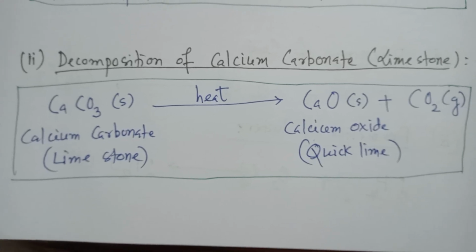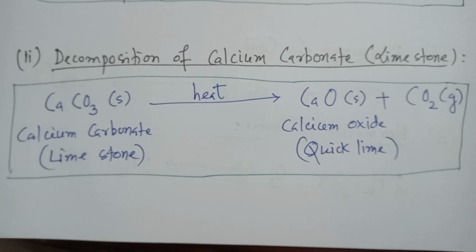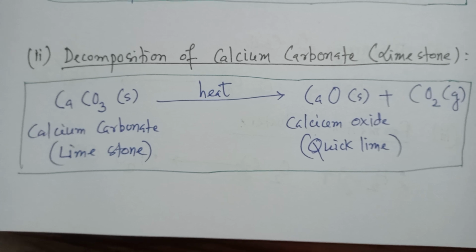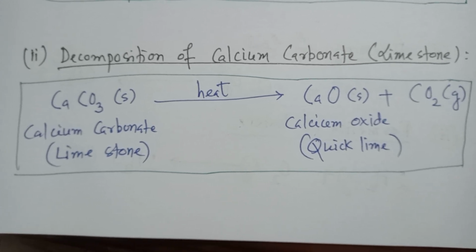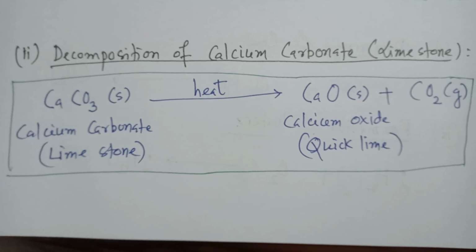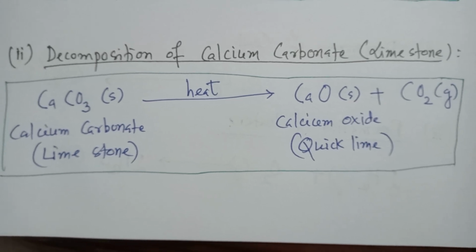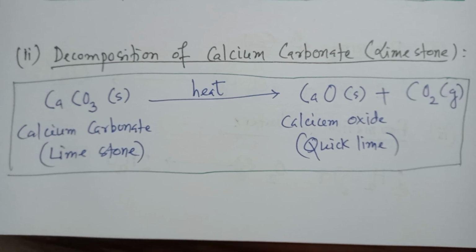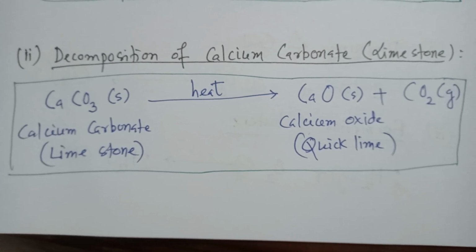Coming to the next example, this is decomposition of calcium carbonate, which is also known as limestone. So when heat is given to the solid calcium carbonate, or limestone, it is broken into calcium oxide, which is also known as quicklime, and carbon dioxide.